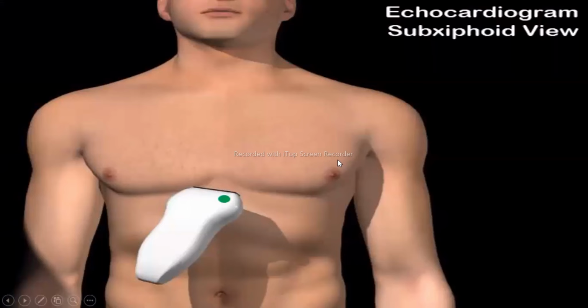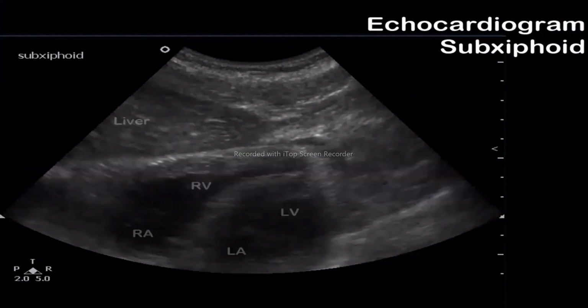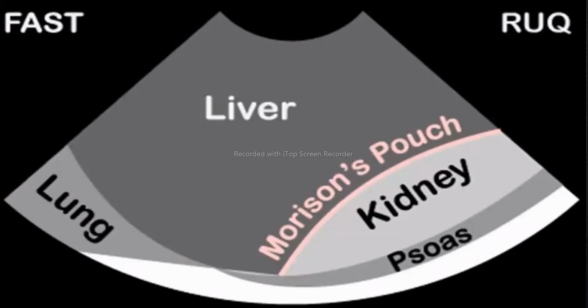Subxiphoid view, echocardiogram, like that. Right upper quadrant: you can see the liver, you can see the kidney, and this should be the borderline between liver and kidney without fluids.